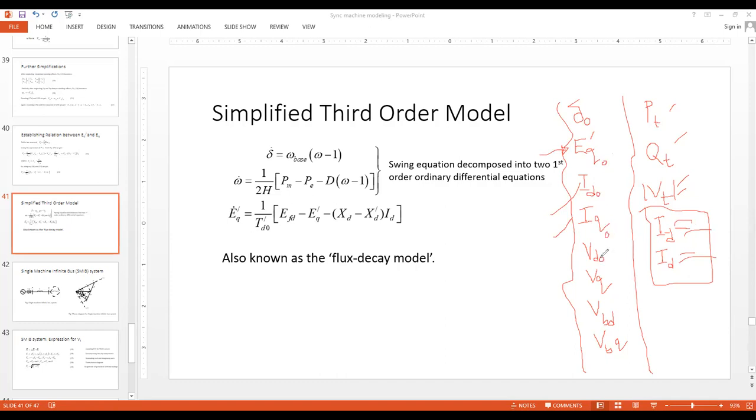Without loss of generality, we can use a naught subscript just to represent that this is the initial operating condition. The initial values of Pt0 and Qt0 were given, and also the Vt magnitude was given, and this was actually the same as Iq0.